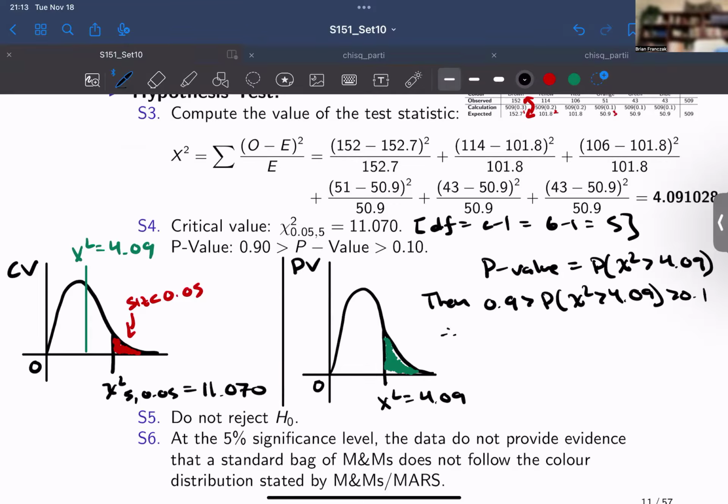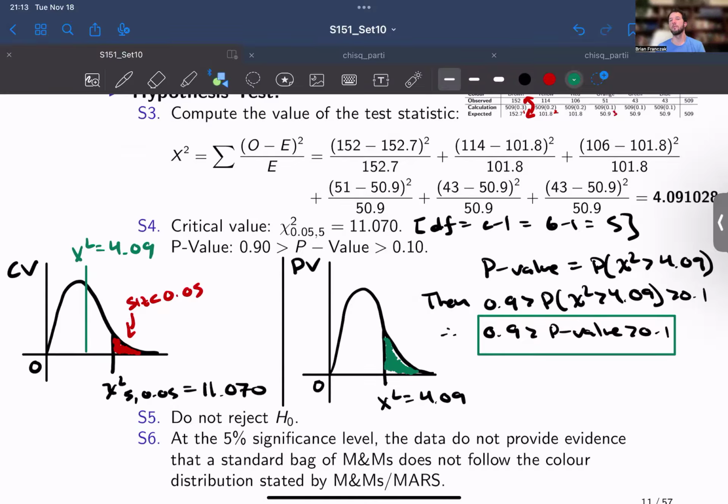So therefore, 0.9 is greater than the p-value, which is greater than 0.1. Okay. So it works just like a t-table. It's just that we're able to make more interesting bounds for the lower test statistics because we have the option of working with that first page.